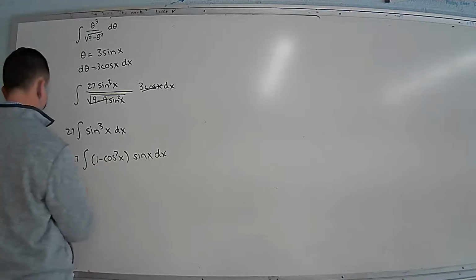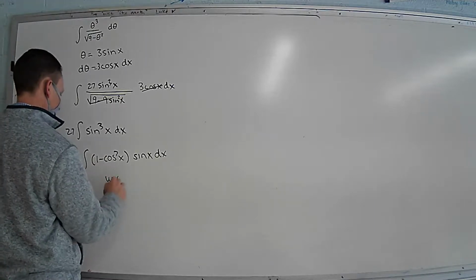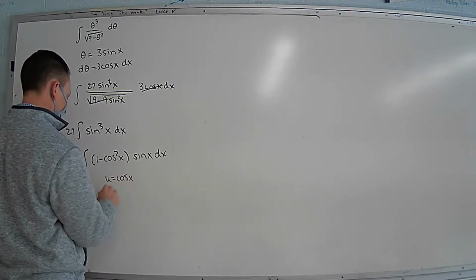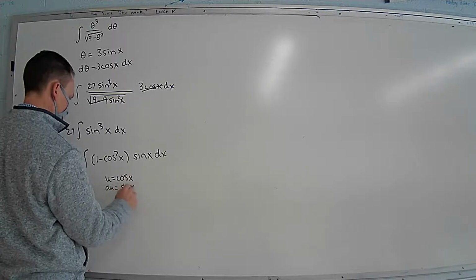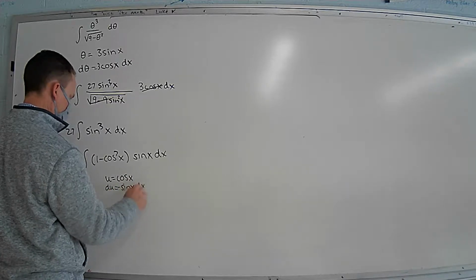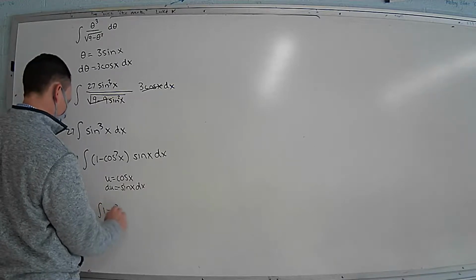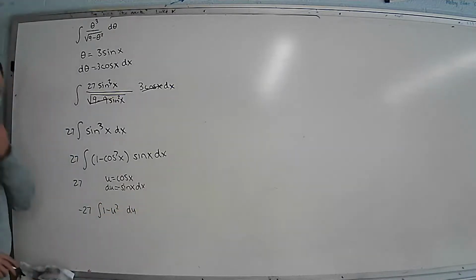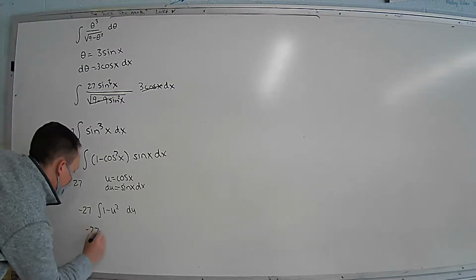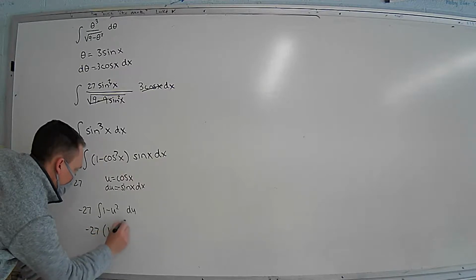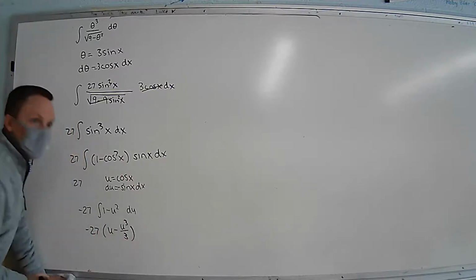So u equals cosine of x. du is negative sine of x dx. So this is negative 27 times (1 minus u squared) du. So that's negative 27 times (u minus u cubed over 3).